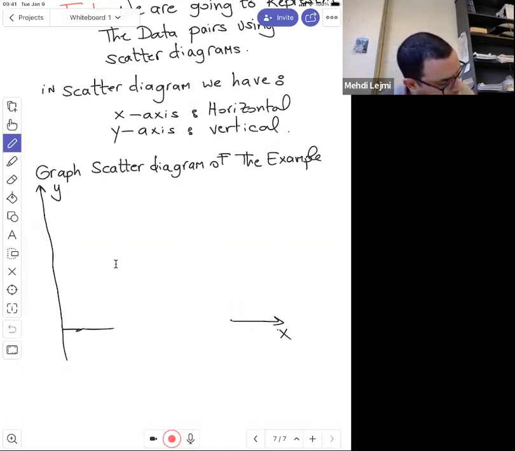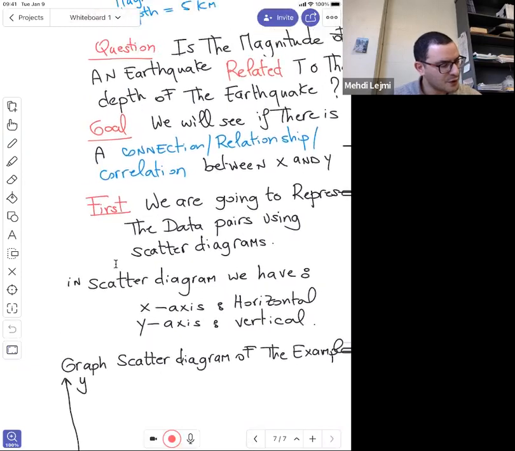Let's say this is 1, 2, this is 3, this is 4. I'm going to need 2.6, and then I'm going to need 4.5, right? We said the largest value of x is 4.5, so let's say this is 4.5.